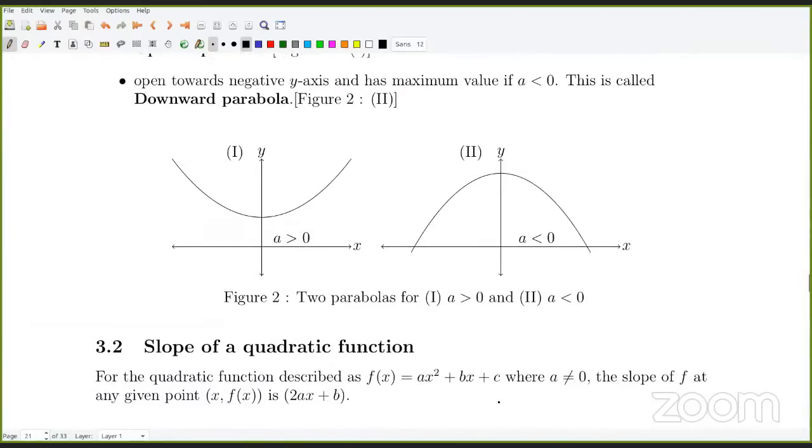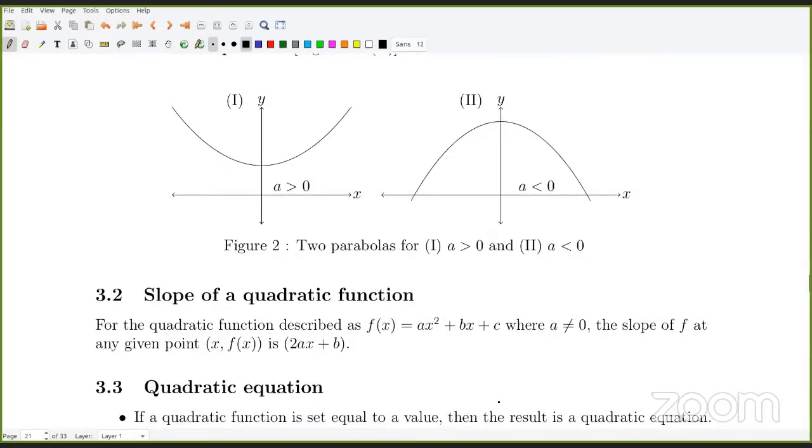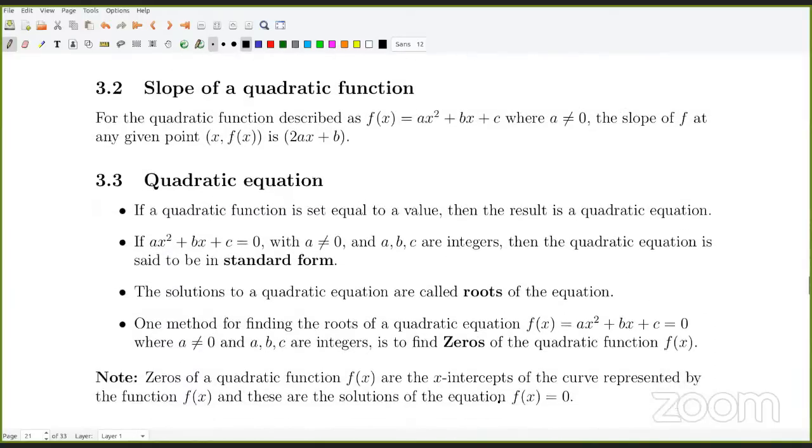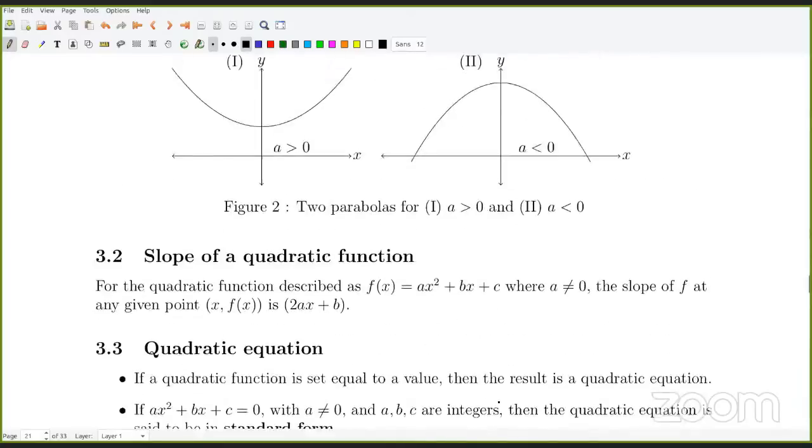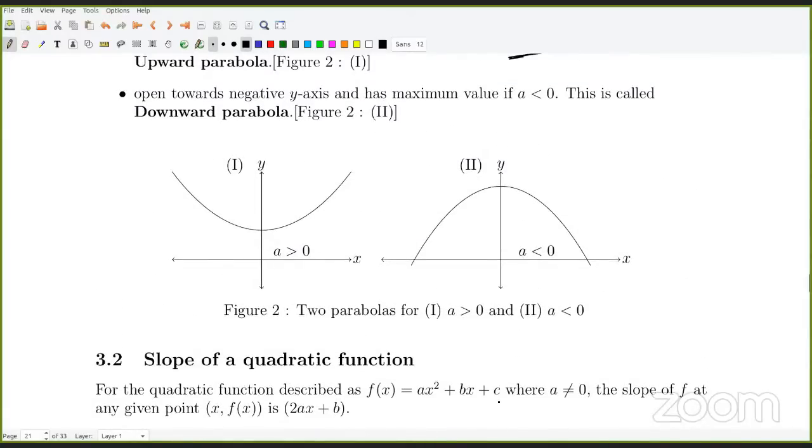Now one most important topic is the slope of a quadratic function. For the quadratic function f of x equals ax square plus bx plus c, the slope of f at any given point x comma f of x is 2ax plus b.